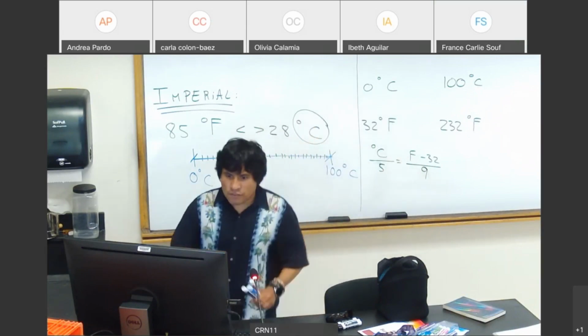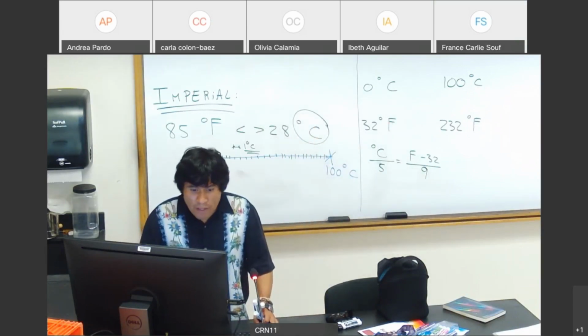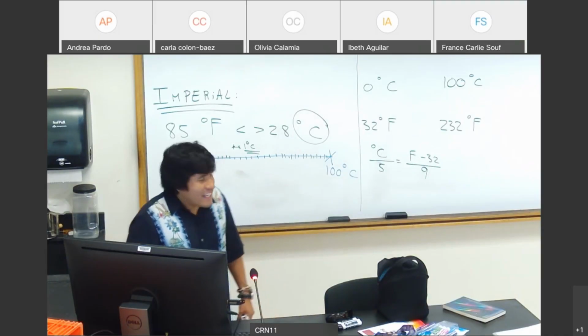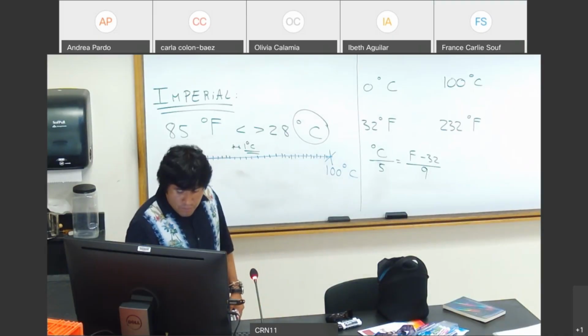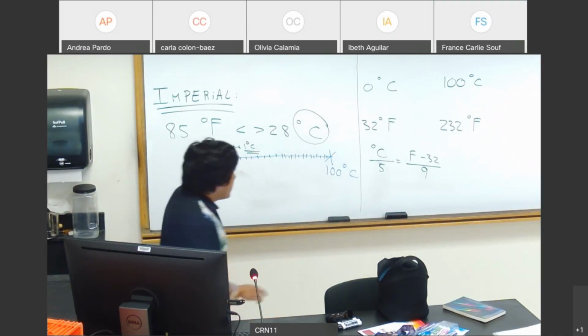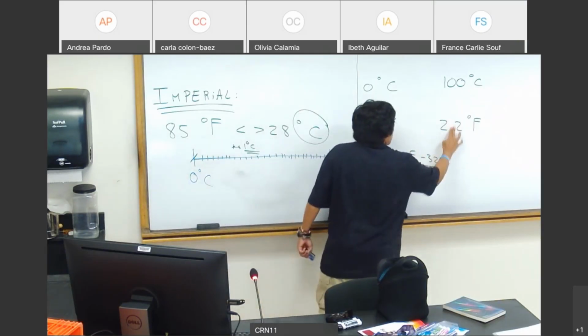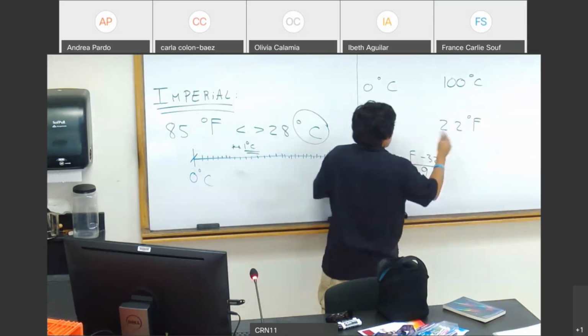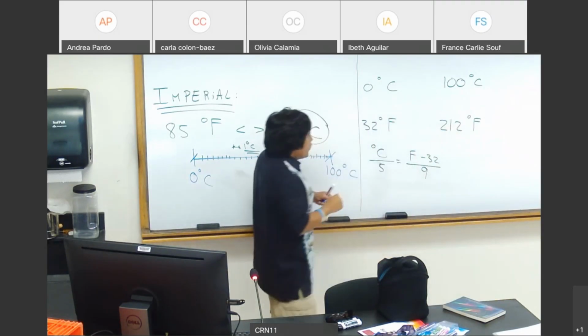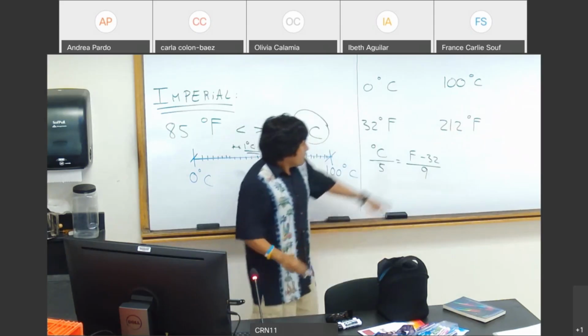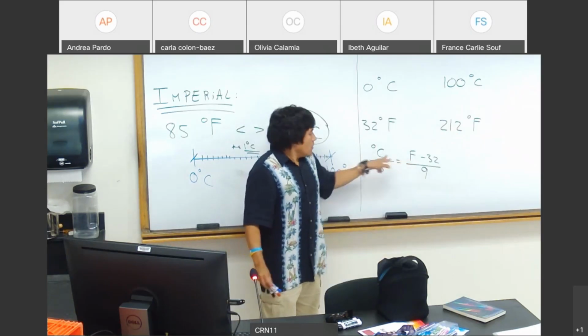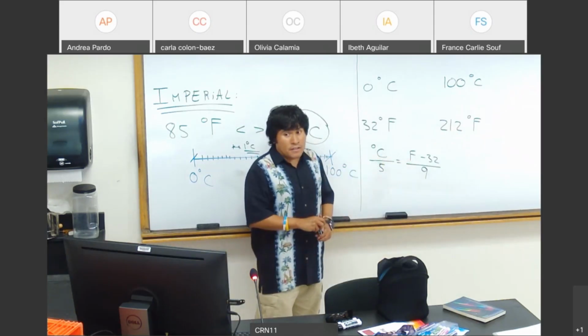Let me just double check this. So that conversion is the one that you use to go from Fahrenheit to Celsius. It's a linear relationship. That's fine. If you put 212 in the equation there, you will get exactly 100 degrees here.